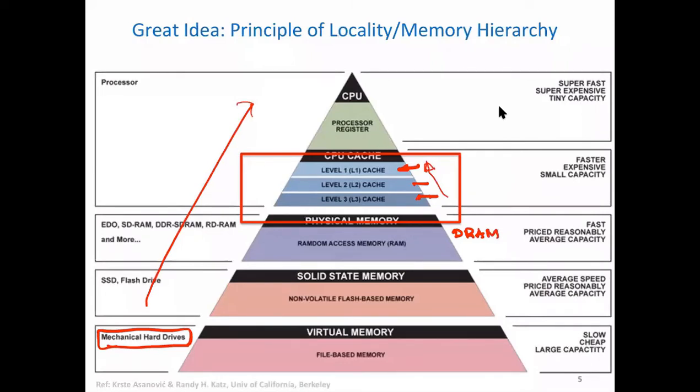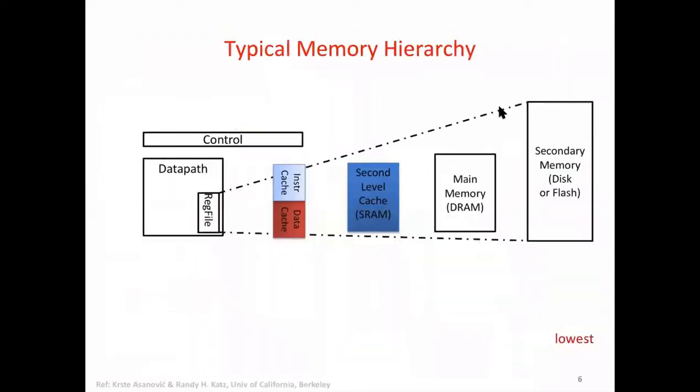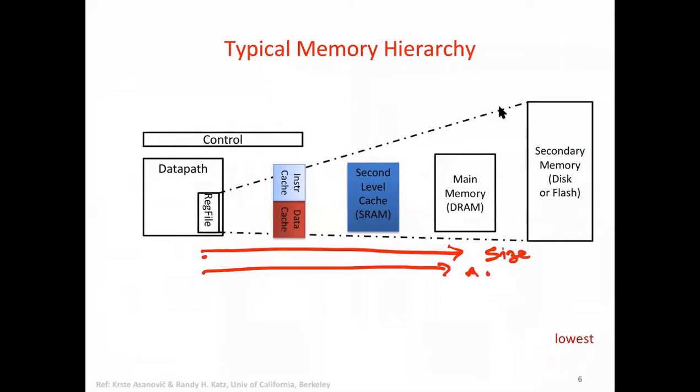As a result, the whole memory gives the illusion of extremely large memory and extremely fast memory. And we have seen this diagram, how as we move down, the size increases, access time also increases, and the cost reduces.